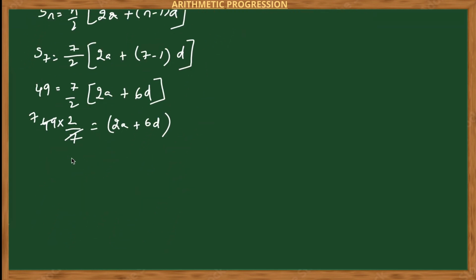Let's put it here: 2a plus 6d. Can we solve it further? No, so let's leave it here. As I said, when inputs are provided from two similar equations, we can form them and find the unknown variables. So let's solve the other one with the same formula.